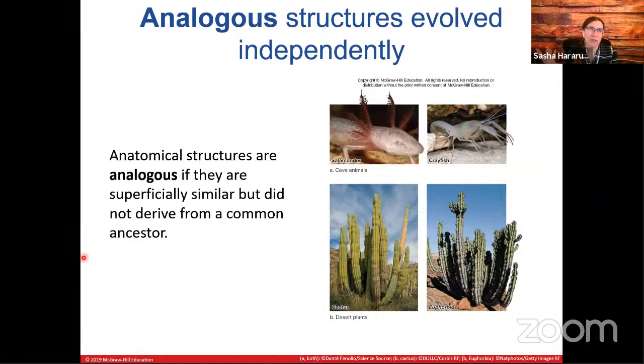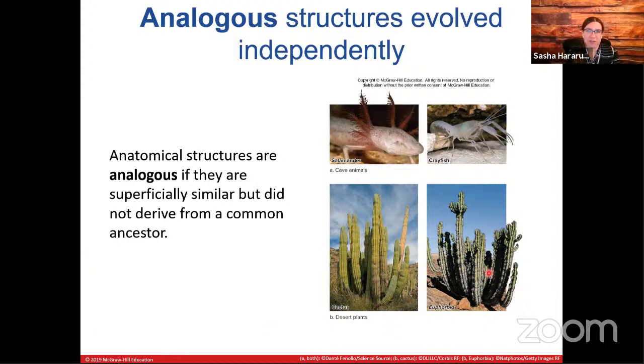Another example that is maybe more relatable: a shark and a dolphin have very similar body shapes and very similar fin structure, but a shark is a fish and a dolphin is a mammal. They did not have the same common ancestor. So the body structure of a dolphin and shark is considered an analogous structure.